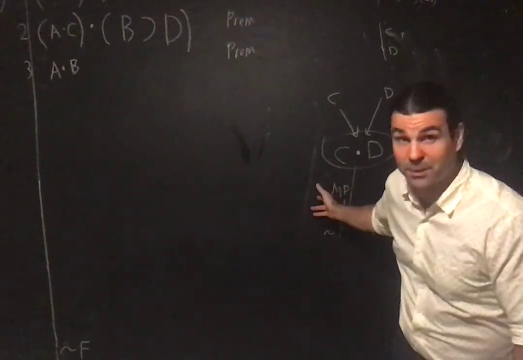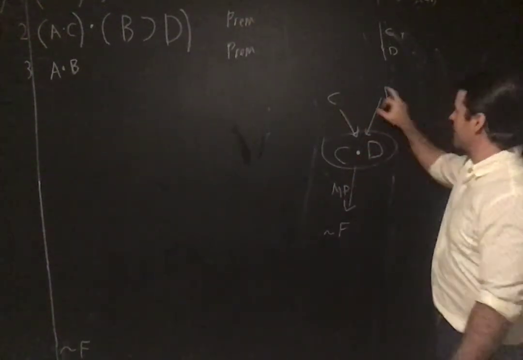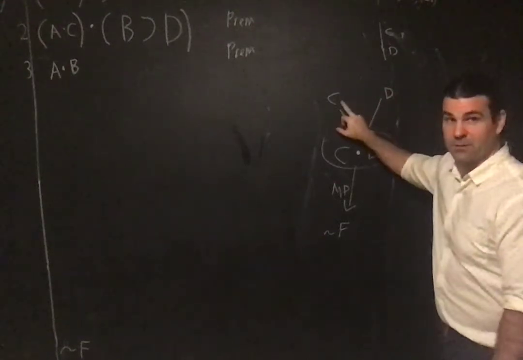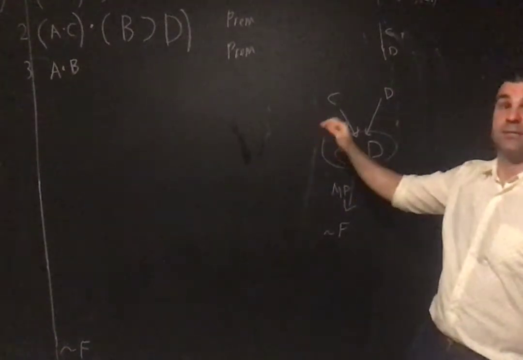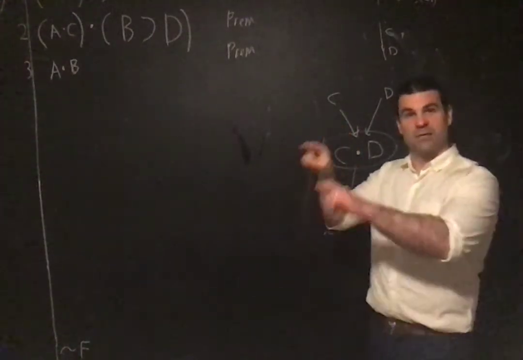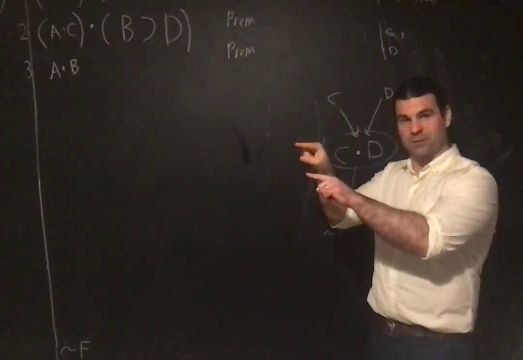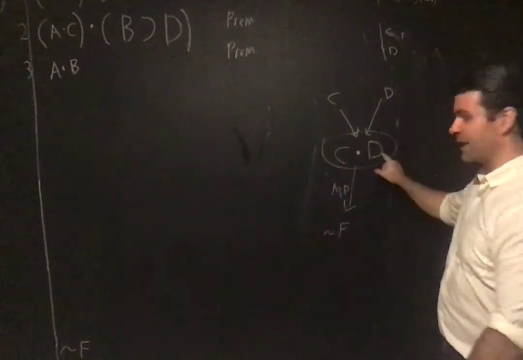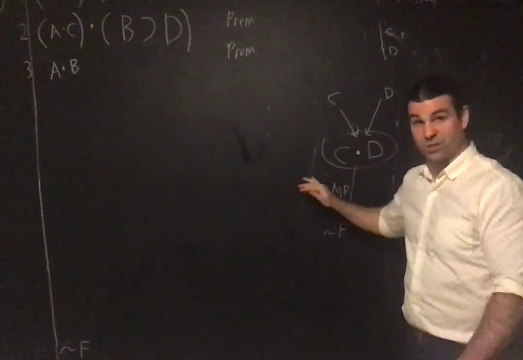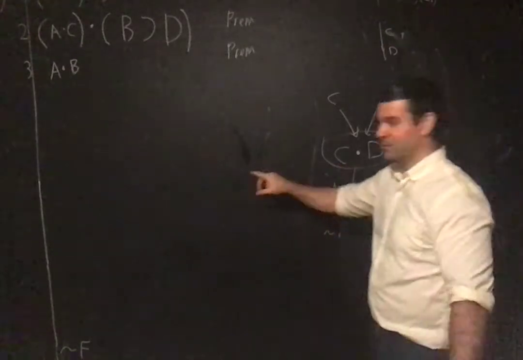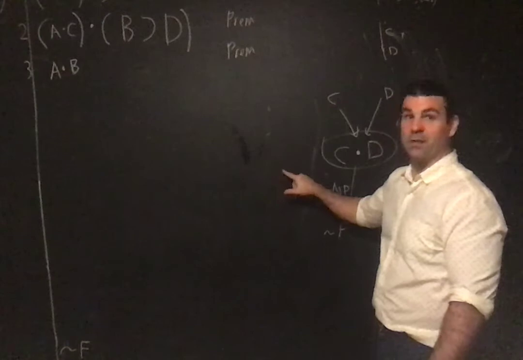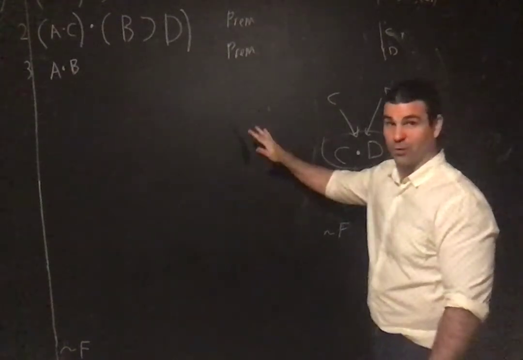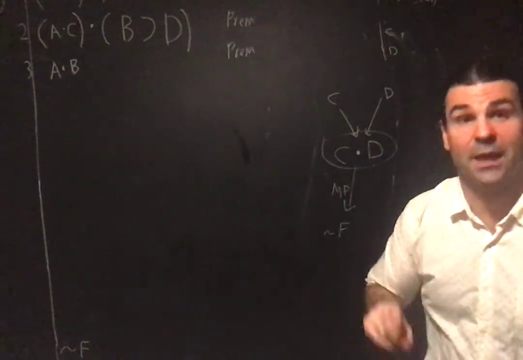So I'm probably going to get C and D by getting C independently, on a line by itself, getting D independently on a line by itself, and citing those two lines when I write C and D and form my conjunction. I'd write C and D, justification, conj, and then the two lines upon which C and D appear. That's probably how I'm going to do it.